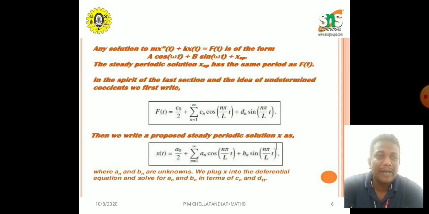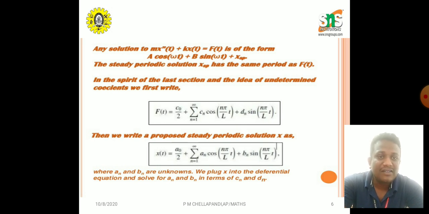Any solution to m x double dash of t plus k x of t is equal to f of t is of the form a cos omega naught t plus b sin omega naught t plus xsp. The steady periodic solution xsp has the same period as f of t.